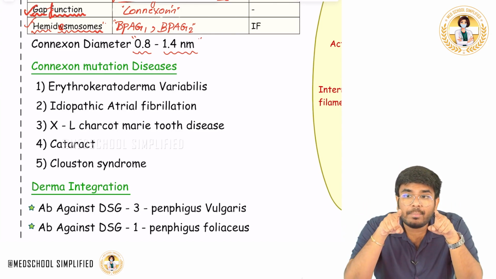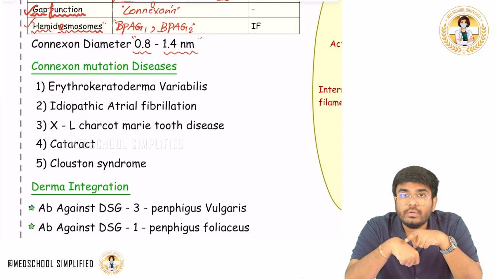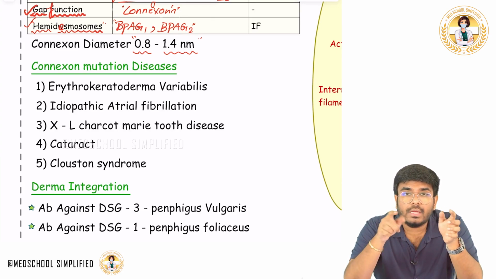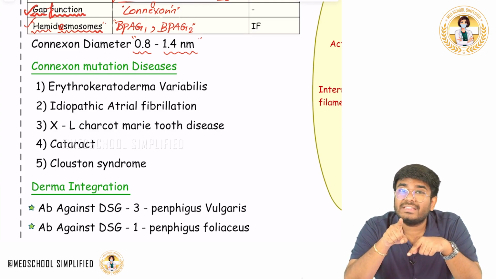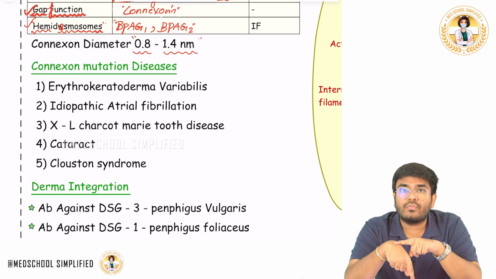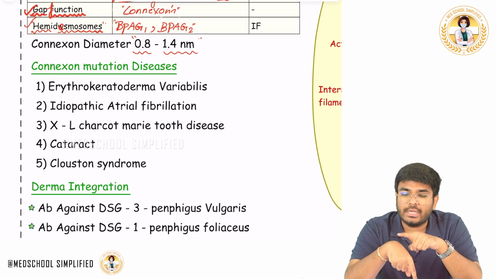So there is a gap that is forming. So in your skin, if the desmosomes are damaged, the keratinocytes will go away from each other. At microscopic level, the keratinocytes are separated. So a gap is going to form and that gap is going to be filled with fluid, leading to the formation of a cyst or a bulla.